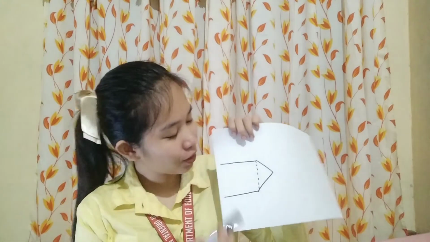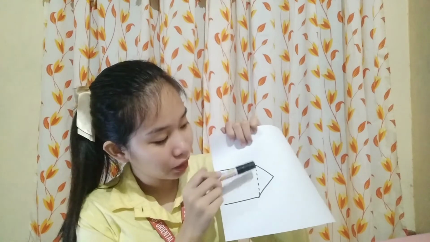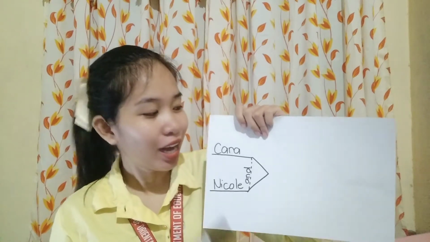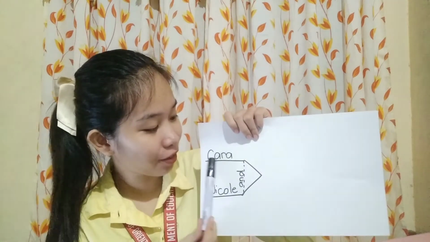So, let's find out. To diagram a sentence that has two subjects, we're going to draw two horizontal lines connected with a straight dotted line and combined with a line that looks like a greater than sign. And we can finally write the two subjects above the two horizontal lines like this.